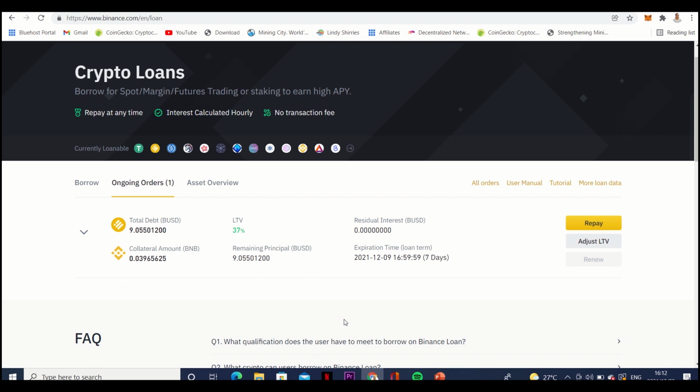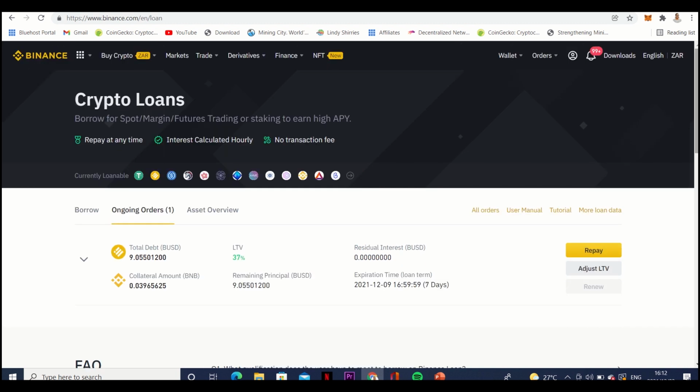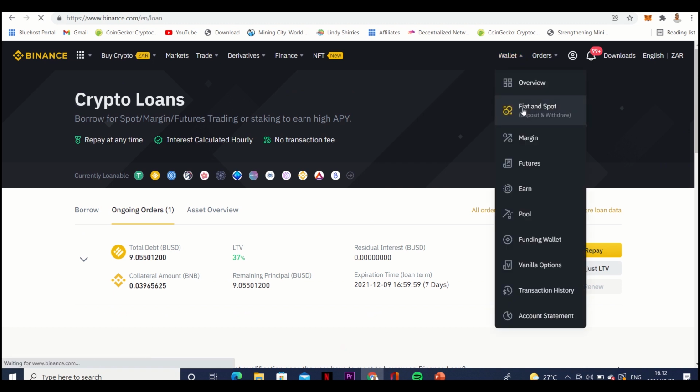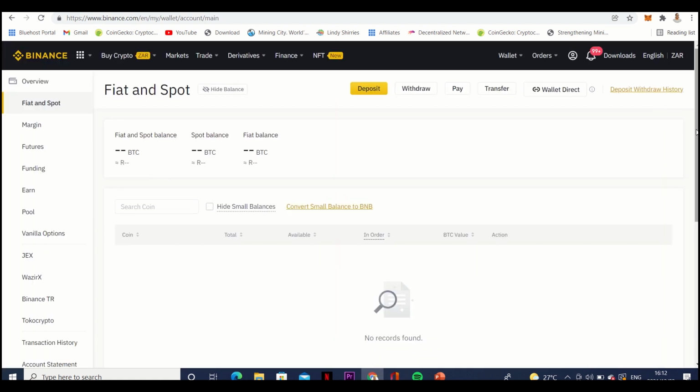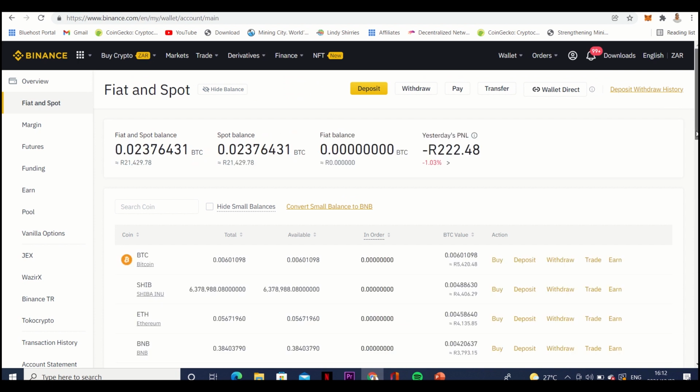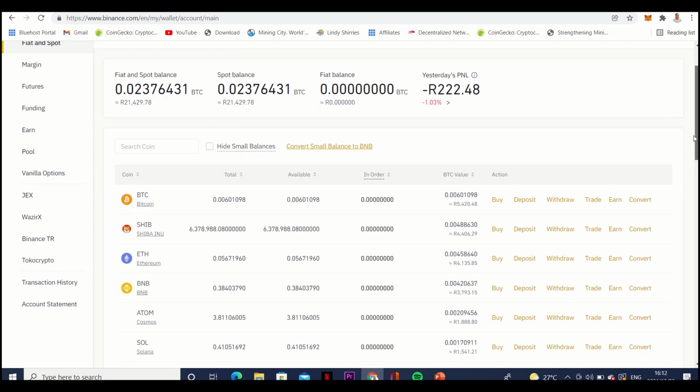And now that we repaid the loan, whatever difference that we have in our BUSD, that's the value that we're going to convert back to AXS, and that's what we made without paying money and only using crypto loans to make some portion of this coin. So you're not going to get the whole amount, and when you go back to your spot wallet, you will see that your BNB will be back.